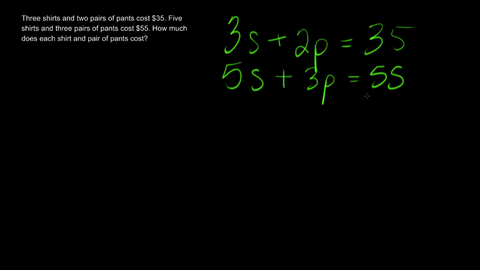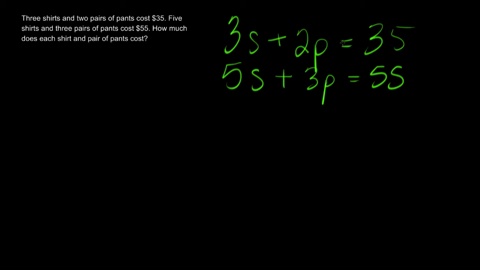If you remember from a previous lesson, we have to choose either the substitution method or the elimination method to solve this particular problem. Substitution will not be the friendliest thing to use, so we're going to use the elimination method. I first have to identify what I'm going to multiply both of these equations by so that either my S cancels or my P cancels.